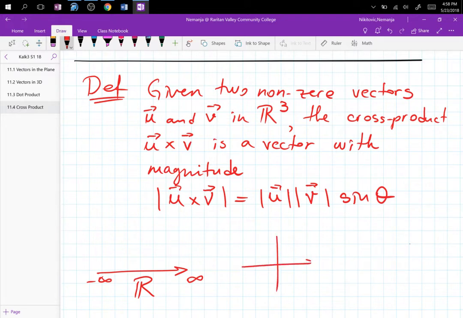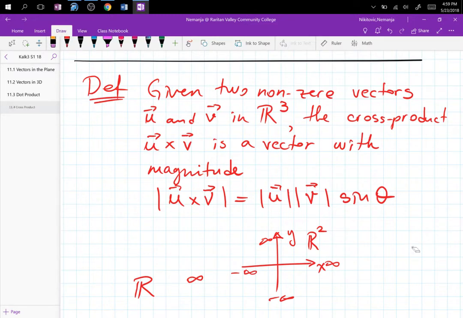Then you have the two-dimensional space for x and y, which is labeled as r squared, because you have negative infinity to infinity for x and negative infinity to positive infinity for y. So that's why the notation goes up by exponents of r.